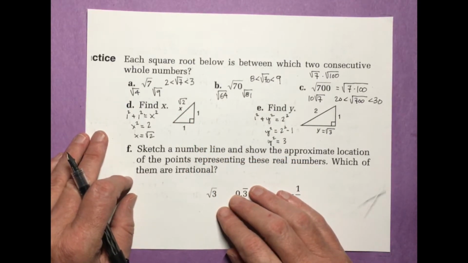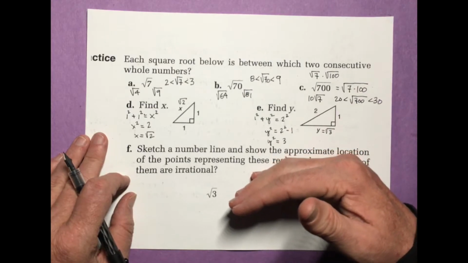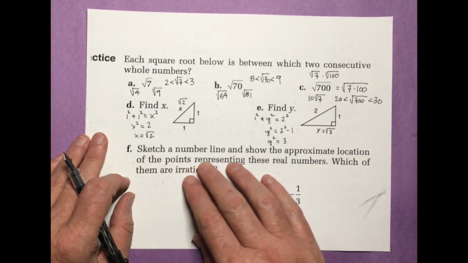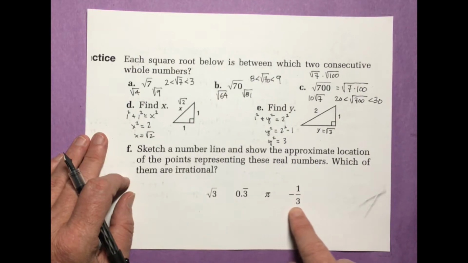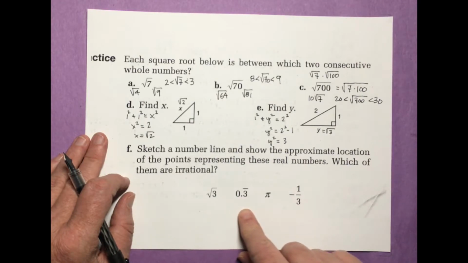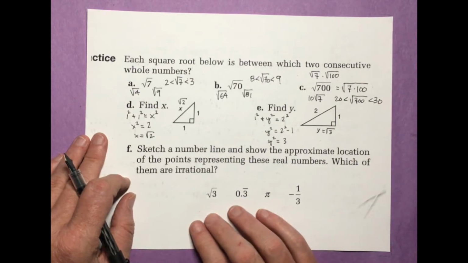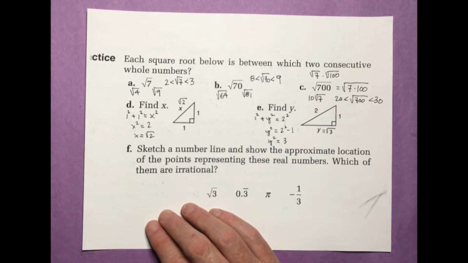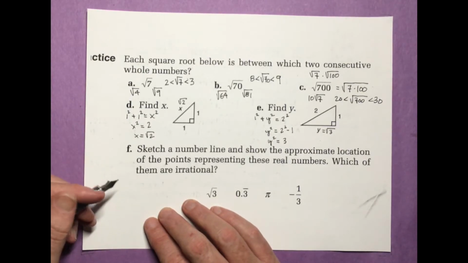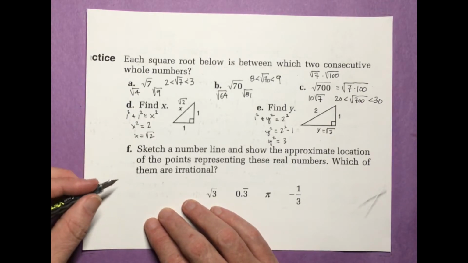All right. The other part of lesson 100 is sketching lines and approximating the locations of real numbers. Now they're focusing on irrational numbers, and we've already dealt with the difference between rationals and irrationals. Let's go over them once very quickly.